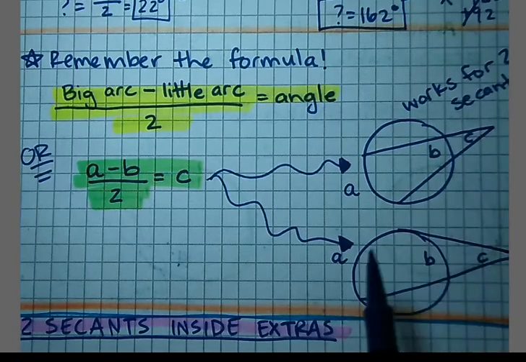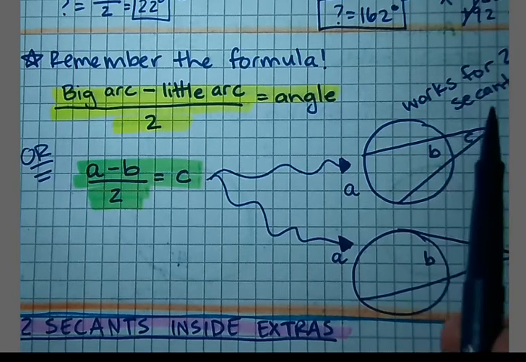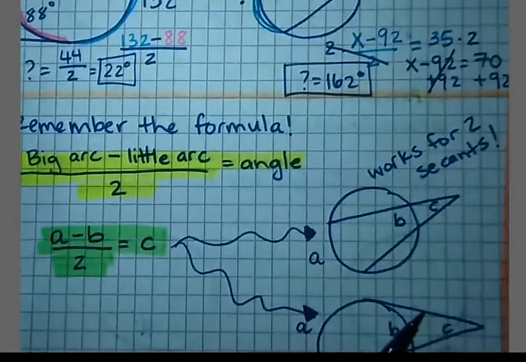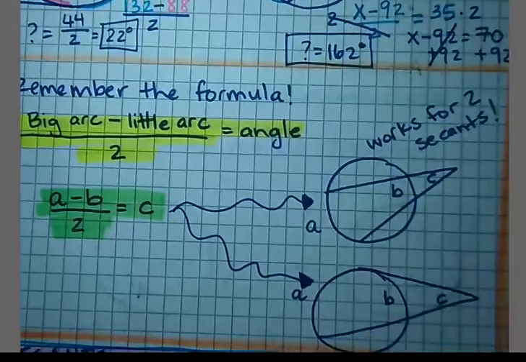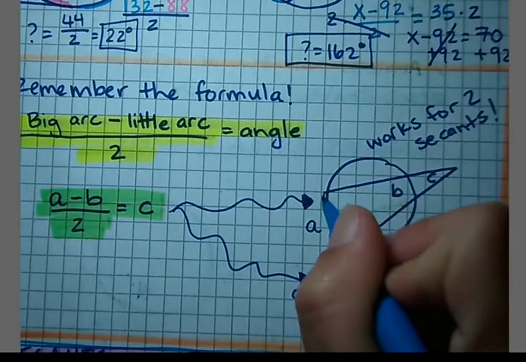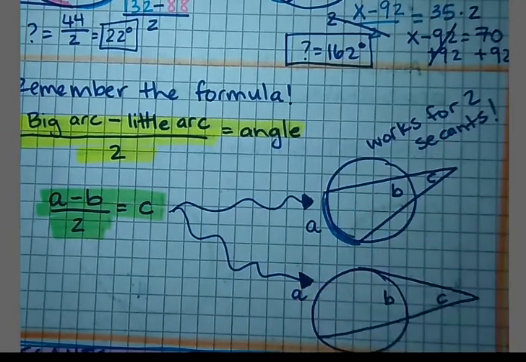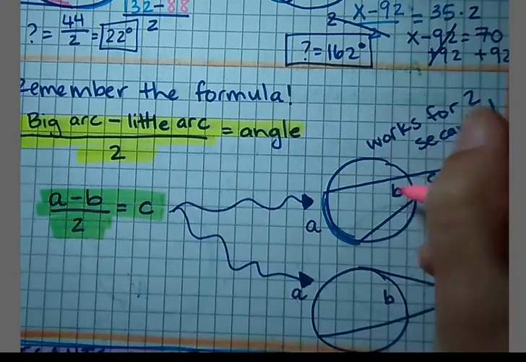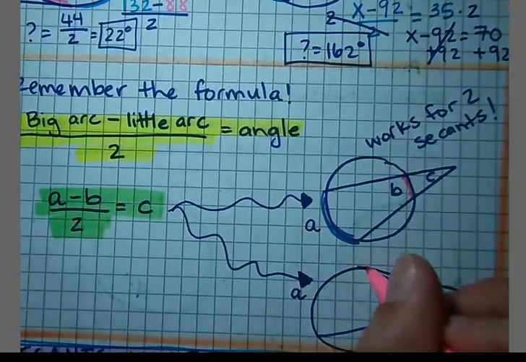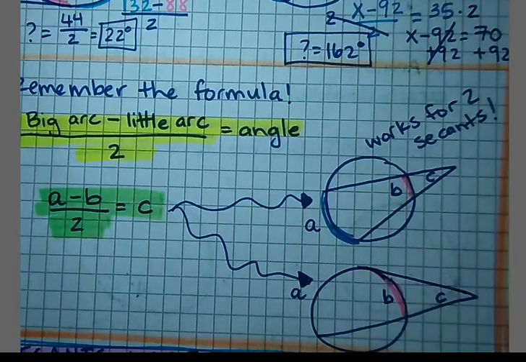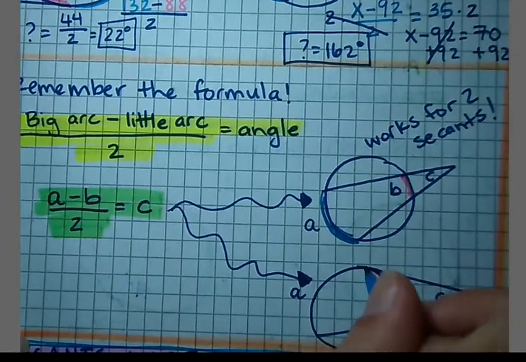And it actually works the same for two secants. Up here we're doing this with a tangent and a secant, but you can do the exact same thing here: big arc minus little arc divided by 2 equals the angle. Same thing here, big arc minus little arc divided by 2 equals the angle.